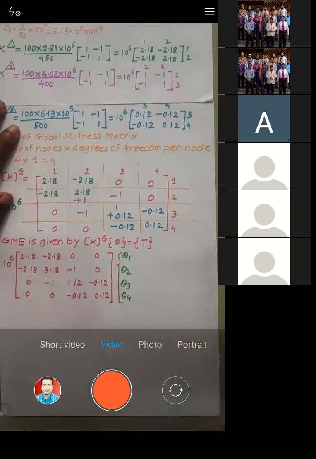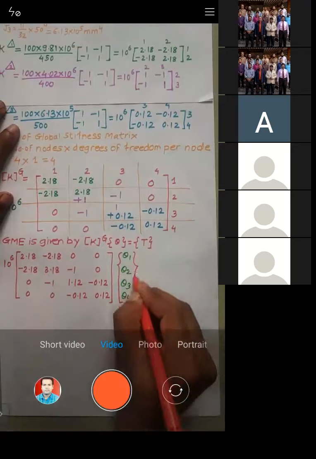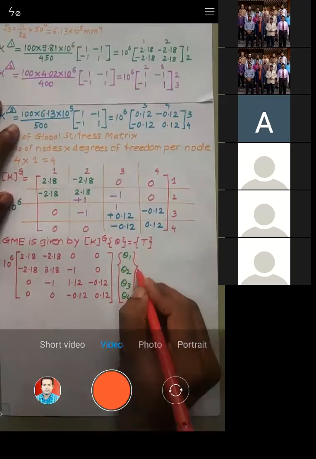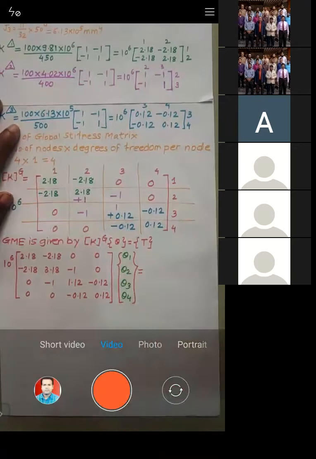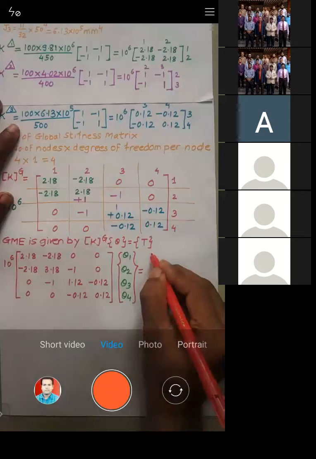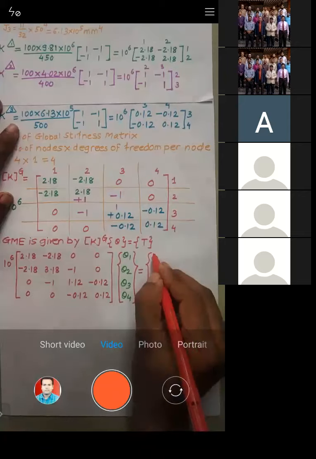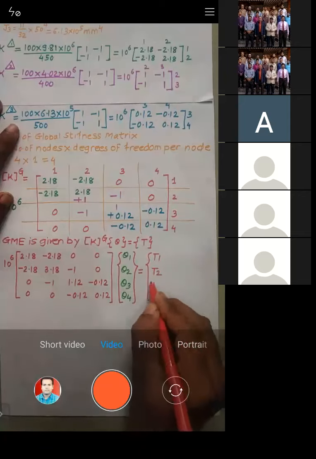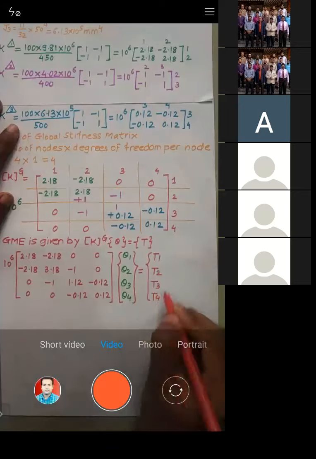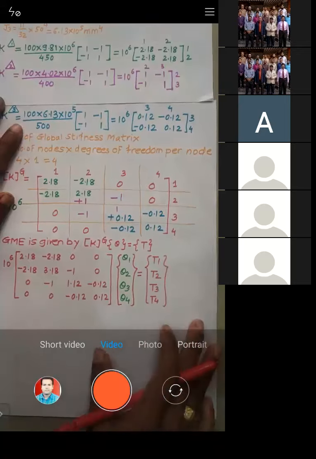This is equal to the forces, and those forces are nothing but the torques: T1, T2, T3, and T4. So these are the torques.